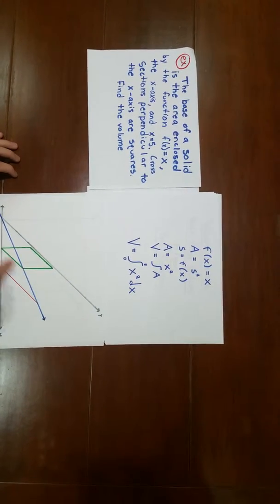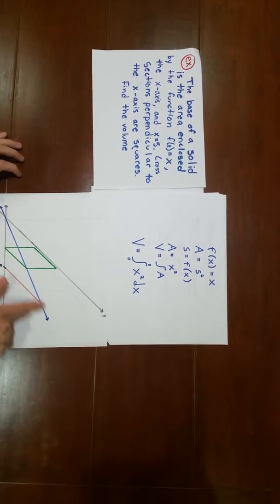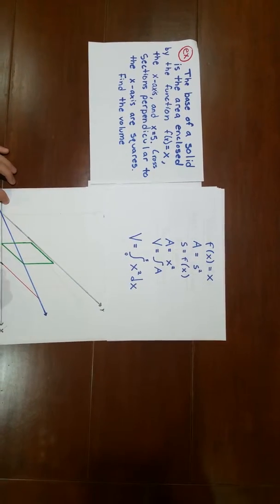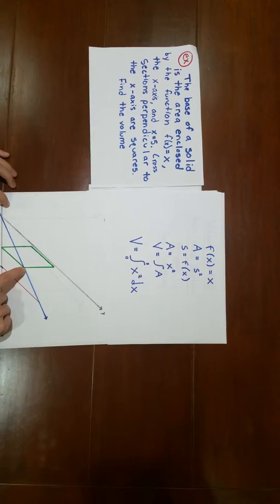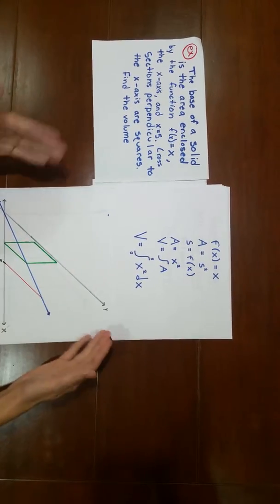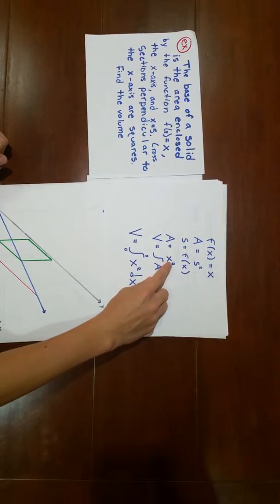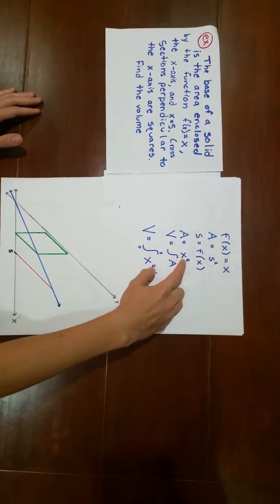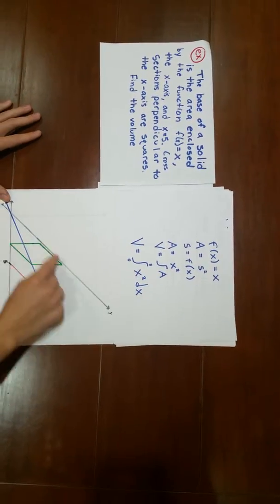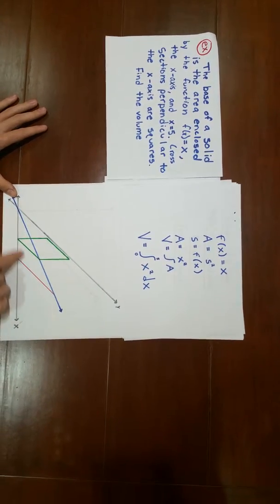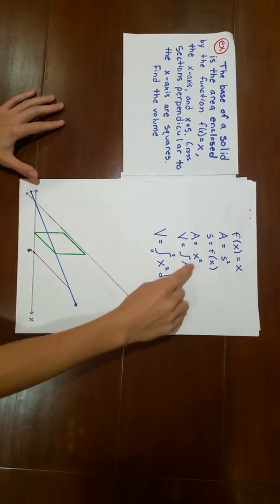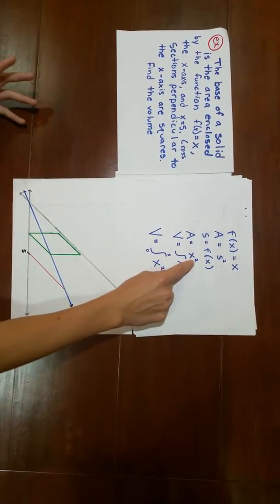And since we know that f of x is equal to x, we can just say that the distance from the x-axis to f of x is x, simply. So, x is the length of the side of the square, and thusly we can say that the area of any arbitrary square cross-section on this solid can be represented by x squared.